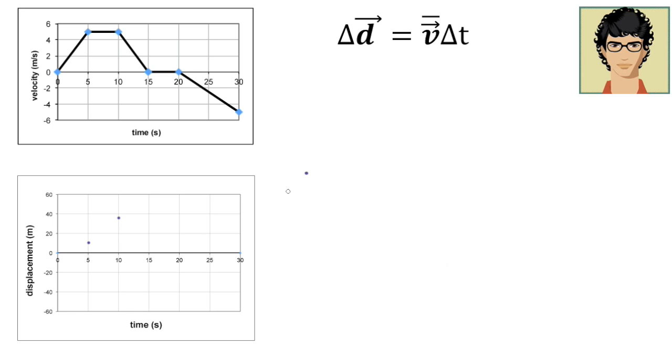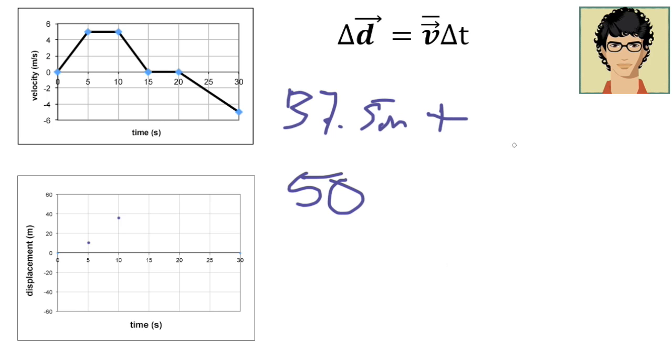So we were at position 37.5 meters plus another 12.5. So that gives us 50 meters. All right. So we're about here. Okay, so let's mark that off with a dot as well, like so.